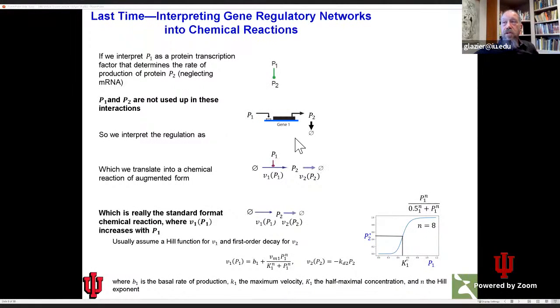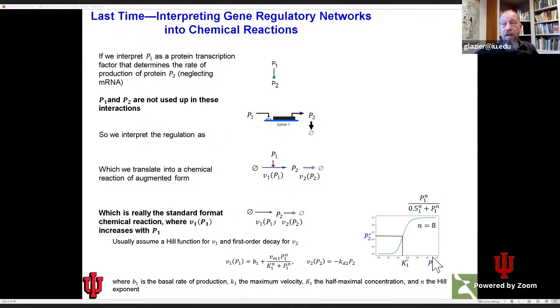Here, classically, the notation can be very sparse: P1 promotes the production of P2 with no information about what's going on. I'm afraid that shows up quite a bit in the world. We have to interpret that as P1 binding to a promoter site on the gene, turning the transcription of the gene on. The transcribed gene has to then be translated to produce the protein, and that protein itself will eventually decay. And so this single lollipop arrow, P1 to P2, actually turns into two chemical reactions plus a regulation.